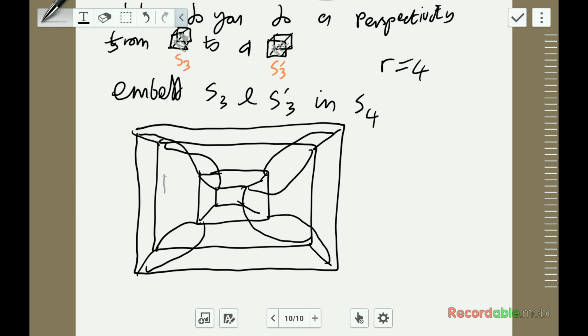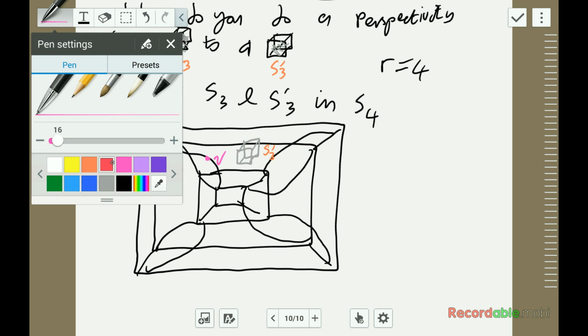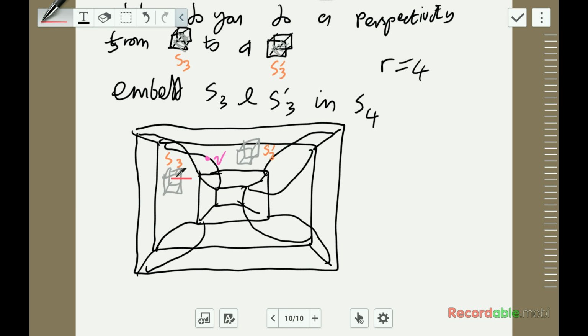So we have these two different cubes, S3, maybe S3 dash over there, and all we have to do is add a center of perspective V, and now since we're in 4D space we can just draw all the possible lines from points in S3 that go through V that land in S-3.